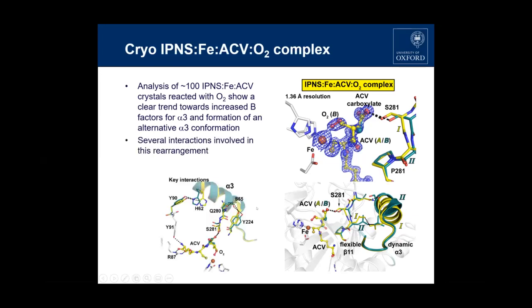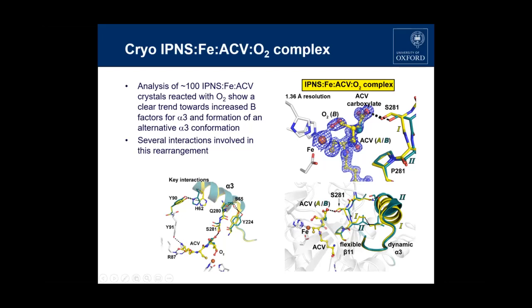There are quite a few interactions involved in this. I just want to point out that on the top of the helix, so it's probably somewhere here now, there is this interaction between histidine 62 and tyrosine 90. We see that they're interacting, and tyrosine 90 is adjacent to tyrosine 91, which indeed also interacts with the aminoadipic acid amino group.